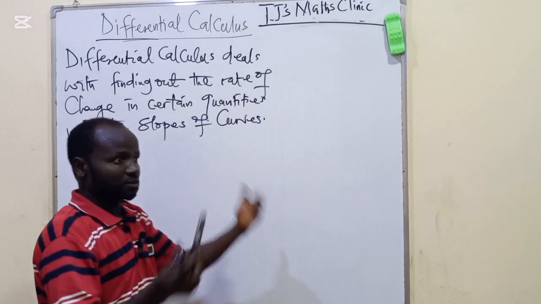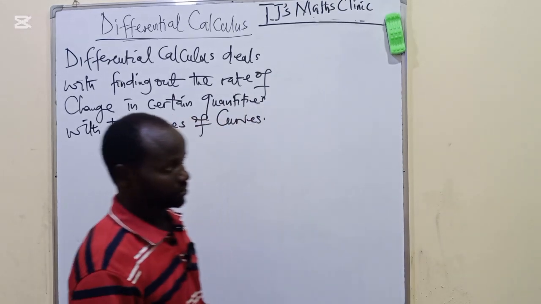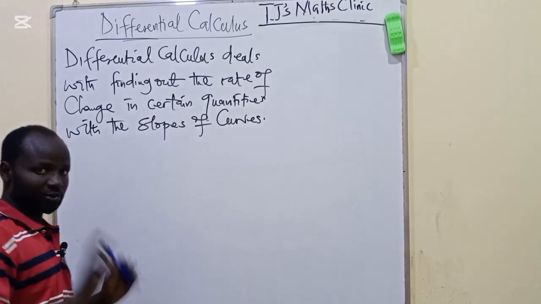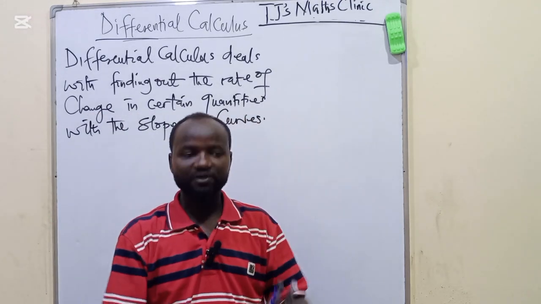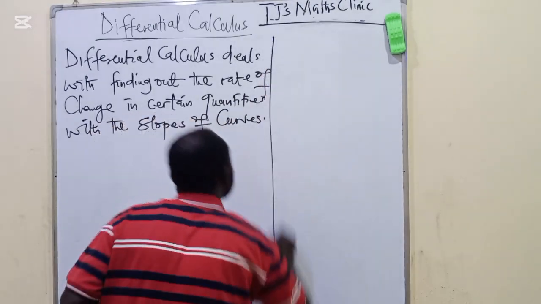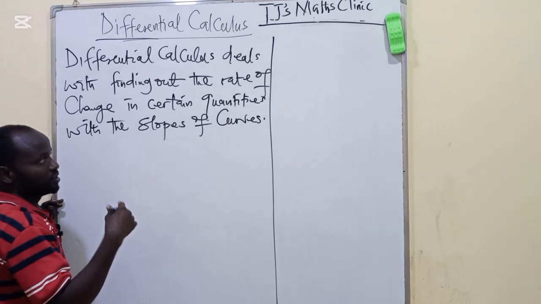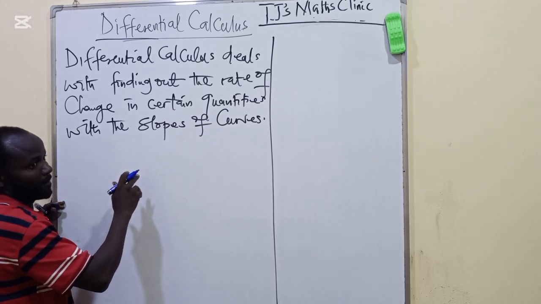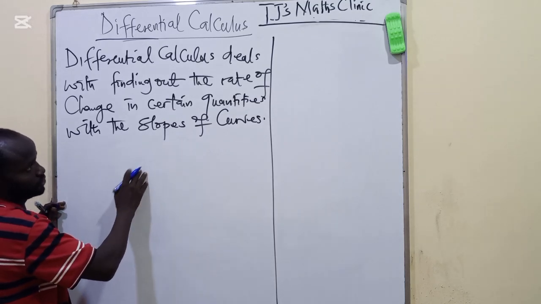This calculus is classified into two categories, integration and differentiation. In today's lesson, we'll be looking at only differentiation. We'll look at methods of differentiation. Very important. As I said, calculus is classified into differentiation and integration. Let's look at the method of differentiation.